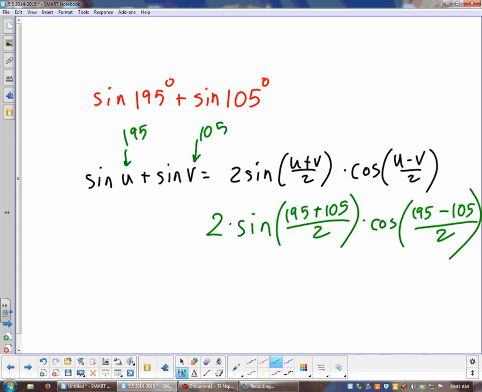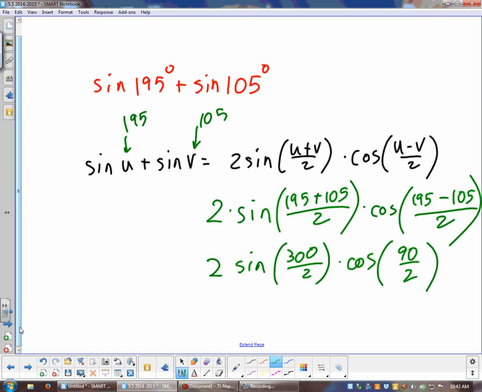And really, I actually would not leave it like that, because weren't we asked to find the exact value? Of course we were. So let's keep going. So I get 2 times, what's the sine of 150 degrees? 150 is right here.